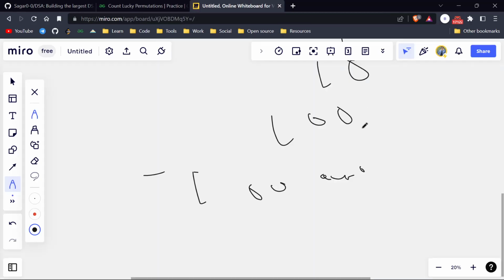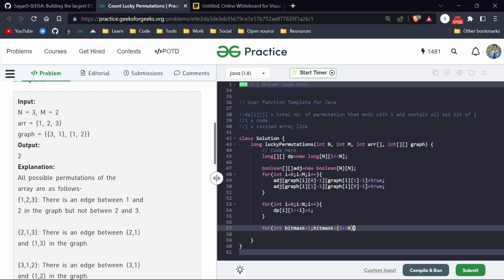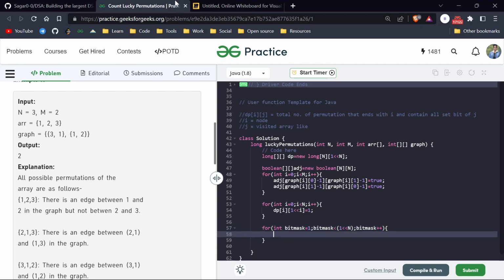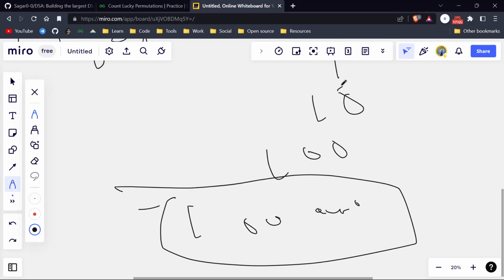So this will be our bit mask last value, one right shift n times. And every time we will say bit mask plus plus. I think so. This will be first 1, and this will increase.